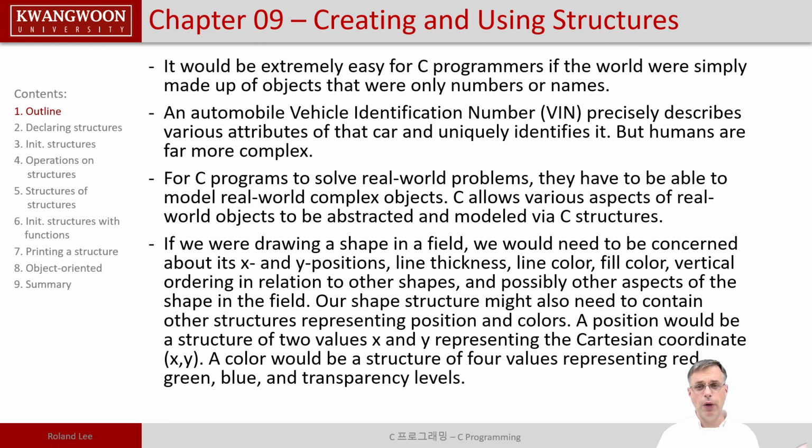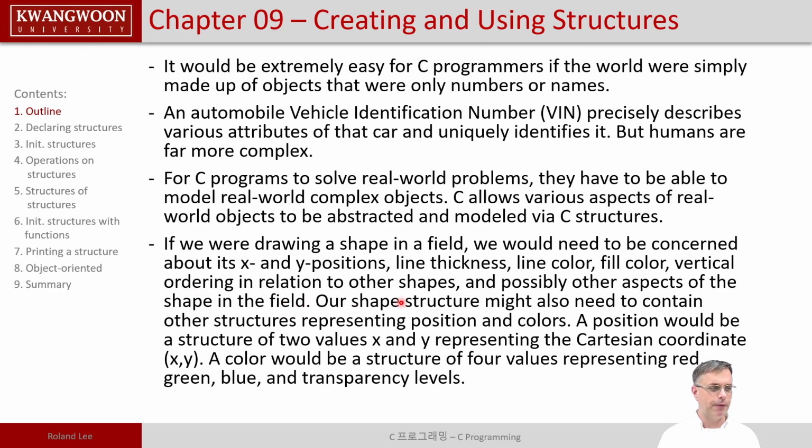Now, if we were drawing a shape in a field, we would need to be concerned about its X and Y positions, line thickness, line color, field color, vertical ordering in relationship to other shapes, and possibly other aspects of the shape in the field.